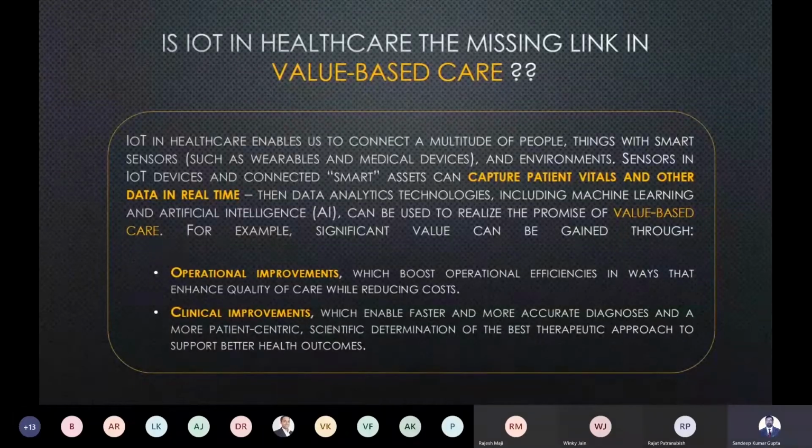IoT-based devices and all. So I hope you understand the relevance and importance of IoT. And the objective is using some sort of integration of ICT, that is information and communication technologies, with analytics, which can do wonders. That is the success mantra for any kind of business in the present time.